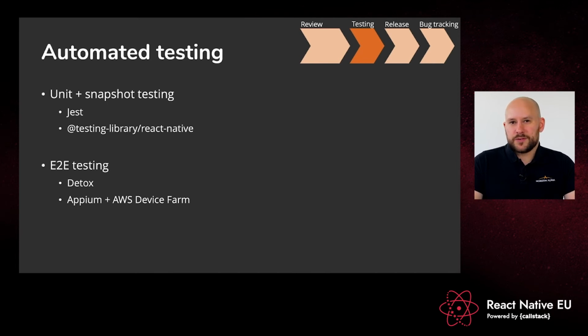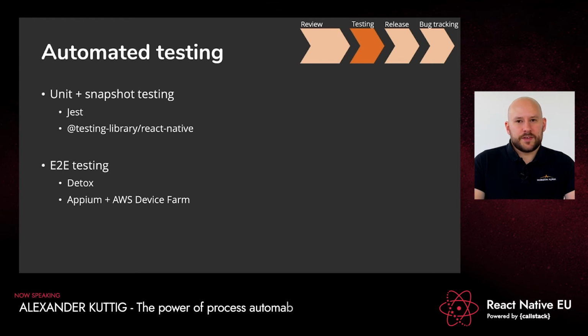For example, you have to use accessibility labels to identify your buttons and so on. But it does save us a lot of time, and it makes it possible for us to test all our core features in all different configurations on all common devices before every release. Since this really saves us a lot of time, I want to give you a short demo.